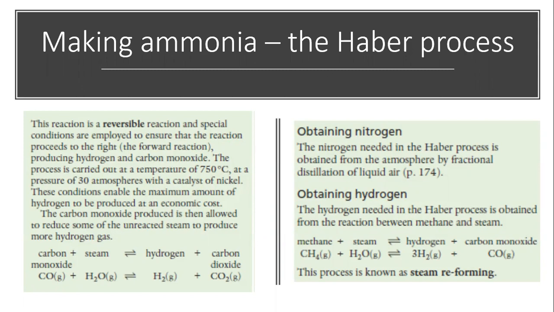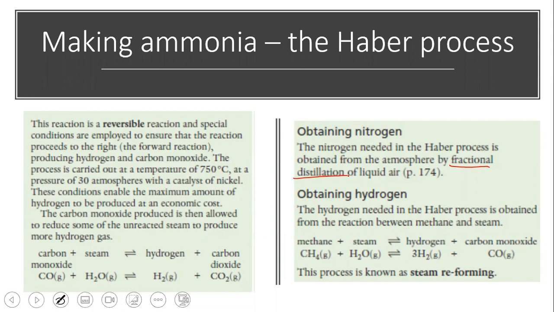Okay, it's over here. Fractional distillation. This is the process that we use where we actually separate nitrogen from the other components of the air. Now, fractional distillation is a process that allows you to separate the components based on their boiling point, right?